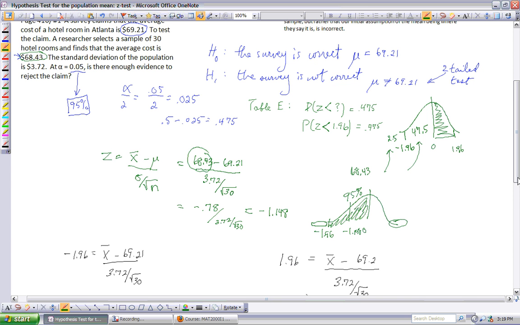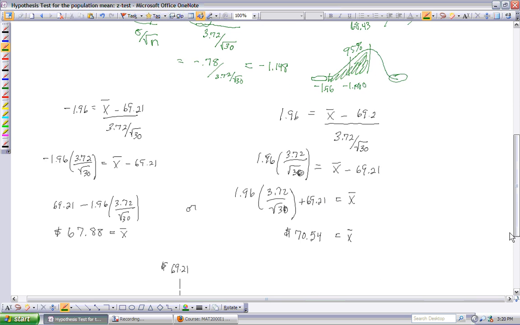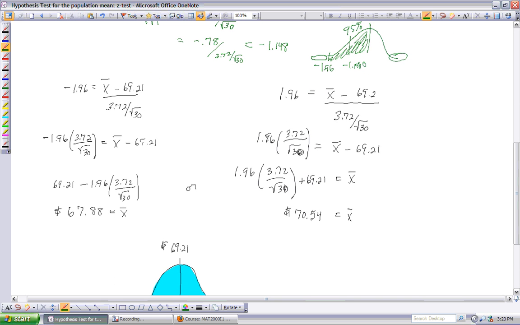Well, if you took a sample of 30 and somehow you ended up with $67.88 rather than 69.21, that's like a buck and a half off, right? Or if you ended up with $70.54, that's about the same amount off. What would that actually be?